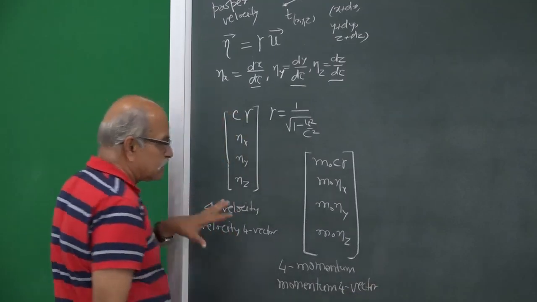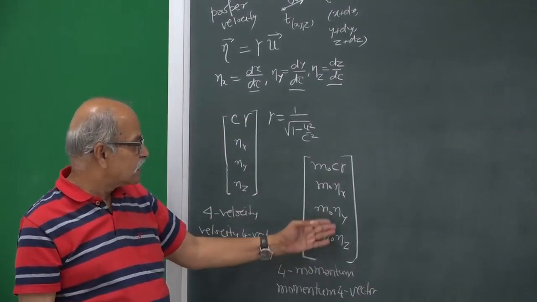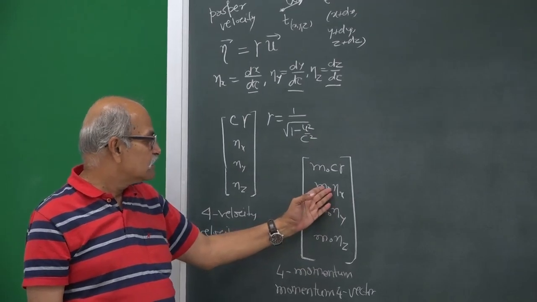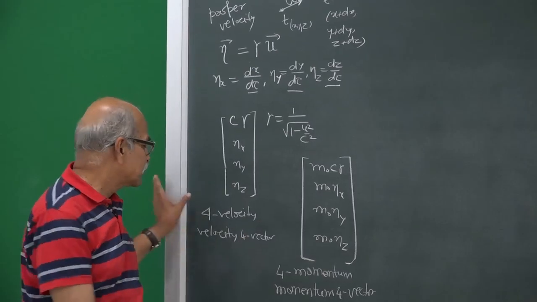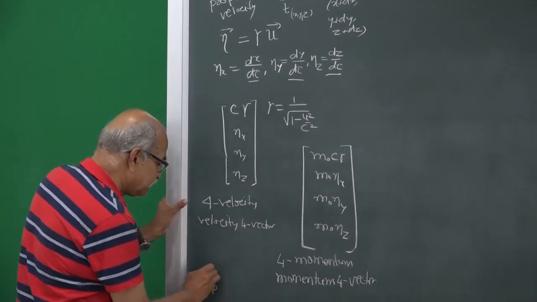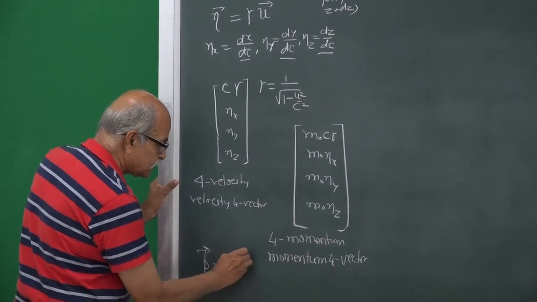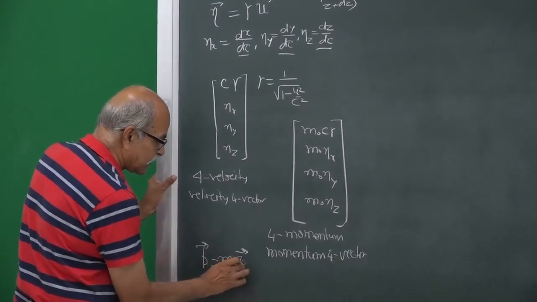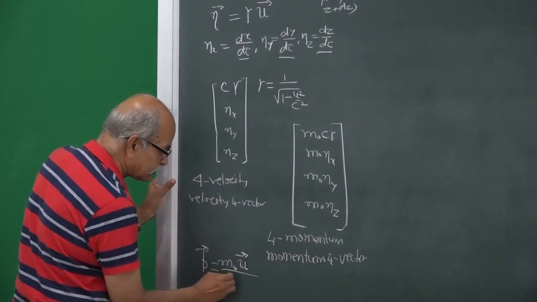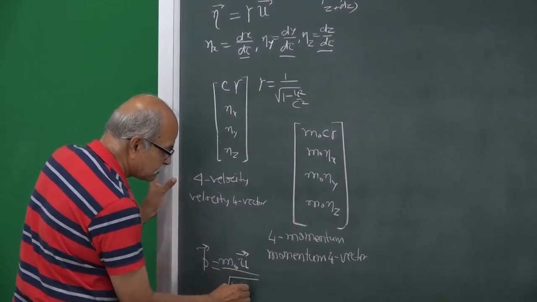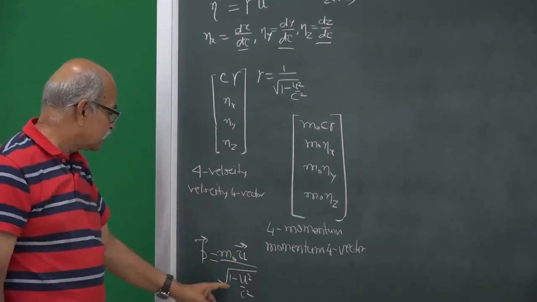This we discussed in the previous class, and then we said that these 3 quantities are just the x, y, z components of linear momentum, because linear momentum is defined as mass of the particle times velocity of the particle. If you write particle velocity as u, then u divided by square root of 1 minus u square by c square, and that is in fact gamma times u.